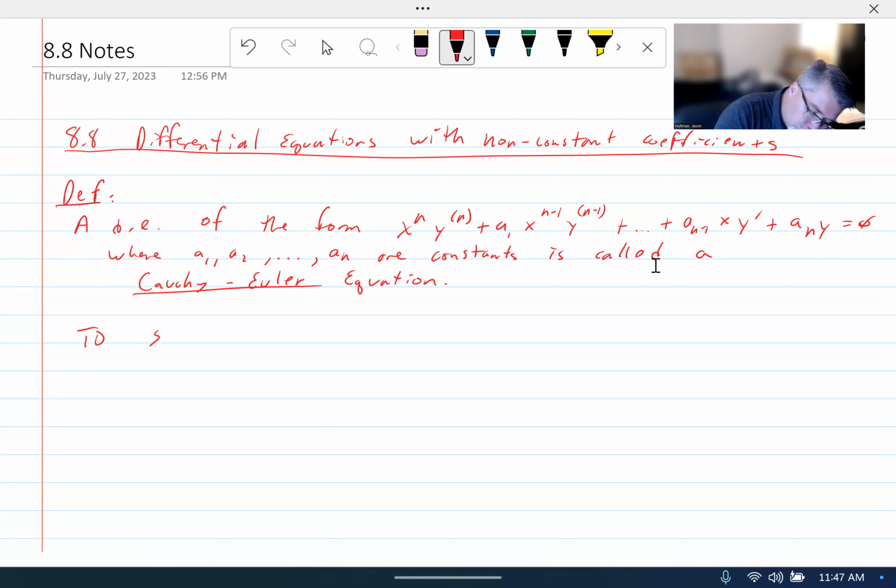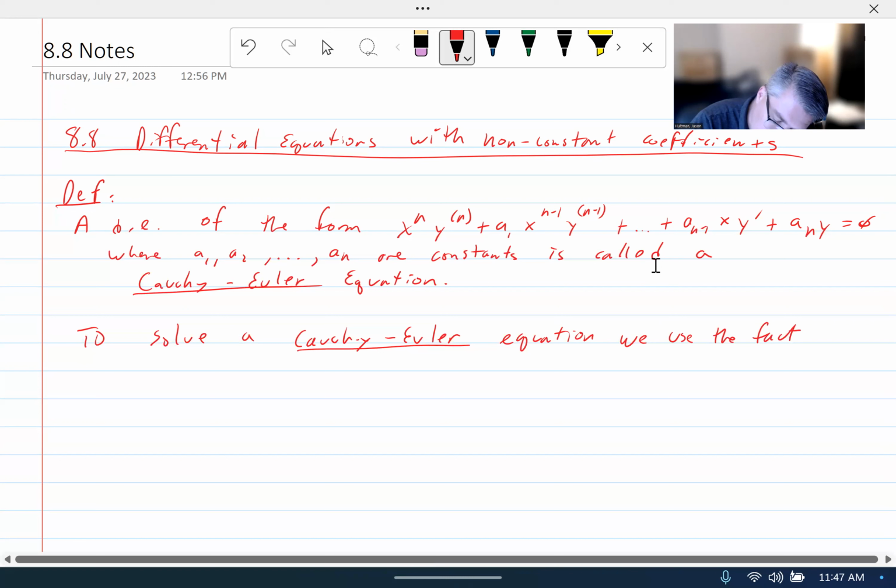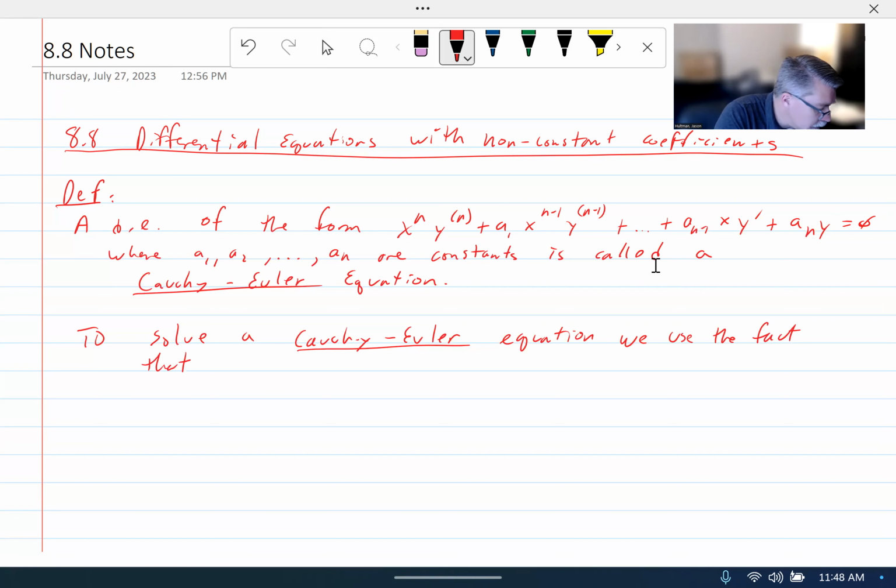And to solve a Cauchy-Euler equation, we use the fact that the solutions will be of the form y equals x to the r.